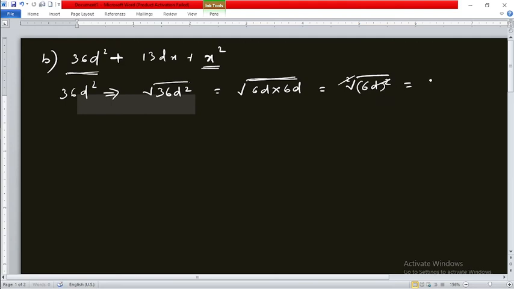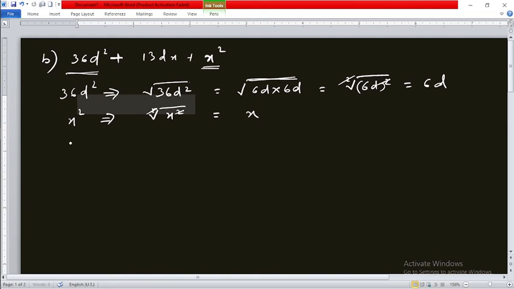So 6d is the square root of 36d square. And the other term is x square, so you find its root in the same way. You cancel out the square and the root, and you are left with x. So x is the square root of the second term.